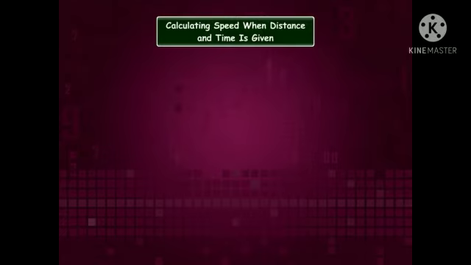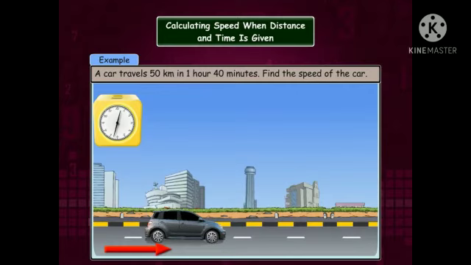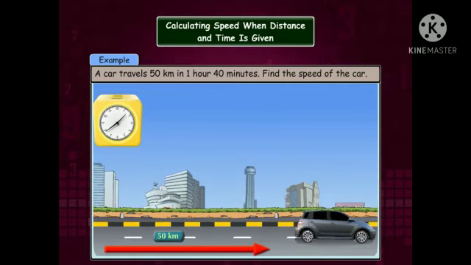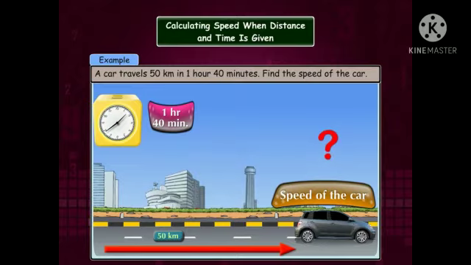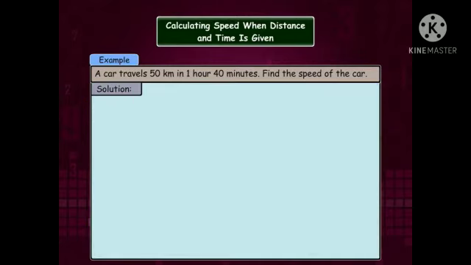Next example. A car travels 50 kilometers in 1 hour 40 minutes. Find the speed of the car. Solution. Distance covered by the car is equal to 50 kilometers and time taken is equal to 1 hour 40 minutes.